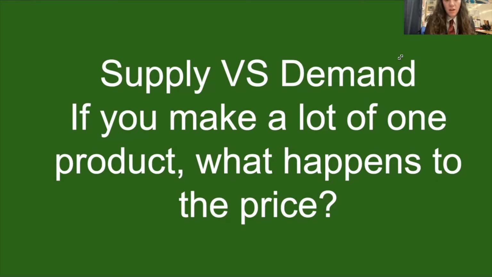So if you make a lot of one product, you're going to have an overload of supply, which leads to the price going down. Vice versa, if you don't have a lot of the product, the price will go up.